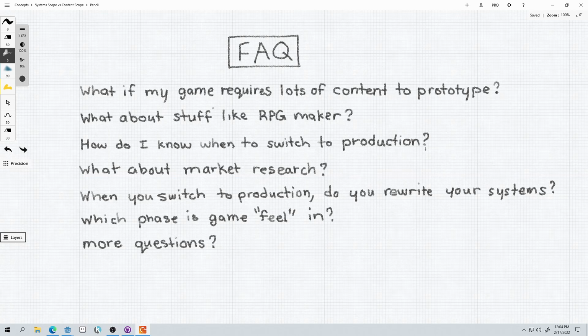However, the graphic for that blood, whatever you use, should probably be filler, because that would fall under content. So that type of feel, like how good it looks, right, can affect game feel. That would come into production. So it depends. Just remember the general rule that you want to focus on systems and mechanics during prototyping and content during production. So that's it.